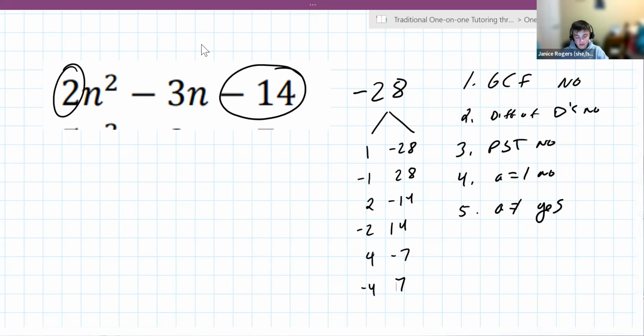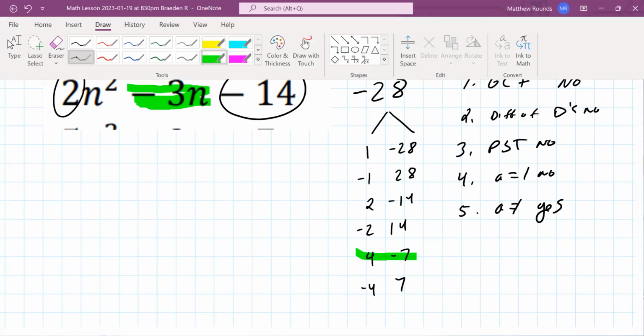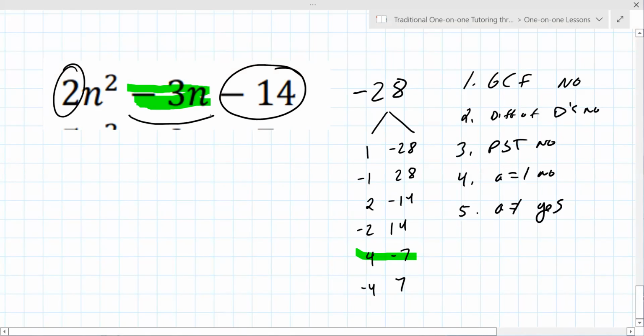And here's why you do that. You take 4 and -7 and you break the -3n apart, which is different than what we did in the previous problem. So that -3n becomes 4n minus 7n. And then you bring the other two down.